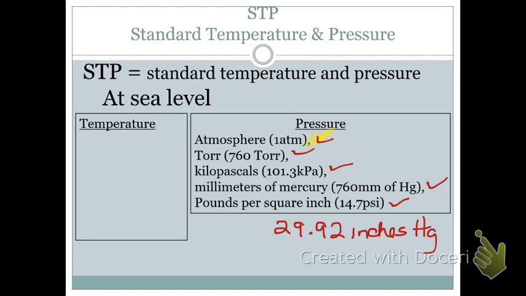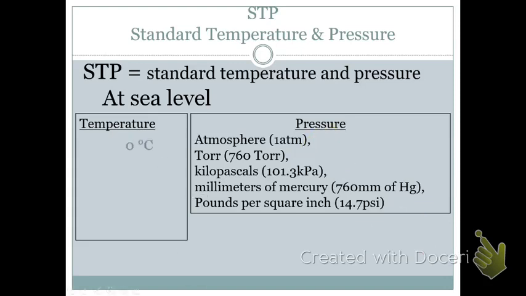Now, what is standard temperature? Well, standard temperature is the temperature at which water freezes. Well, we already know that the standard temperature at which water freezes is 0 degrees Celsius. And if it's 0 degrees Celsius, I have C, I add 273, and that is going to give me 273 K. All right. So we've given you the units for your volume. We've given you the standards for pressure, and those are the different pressures that you're going to come in contact with.